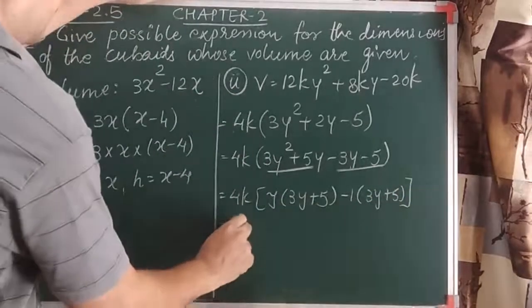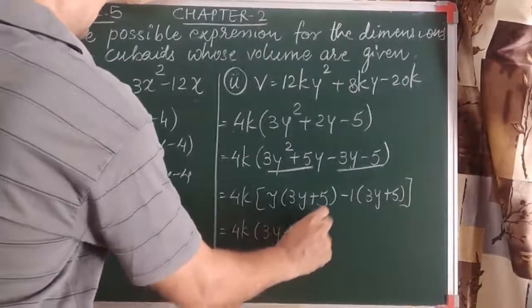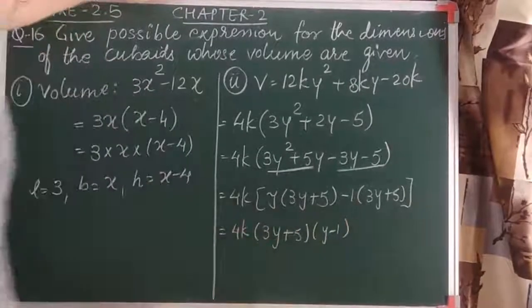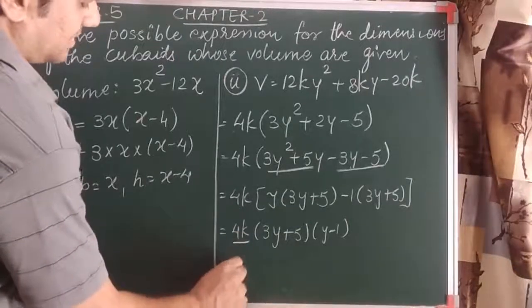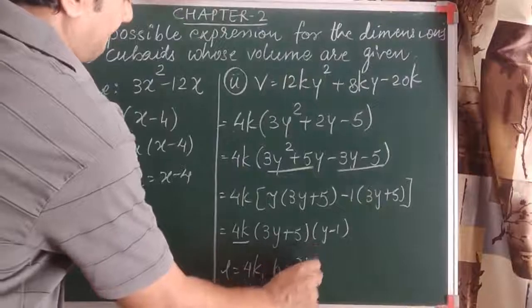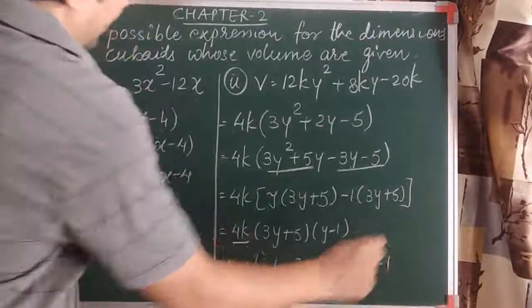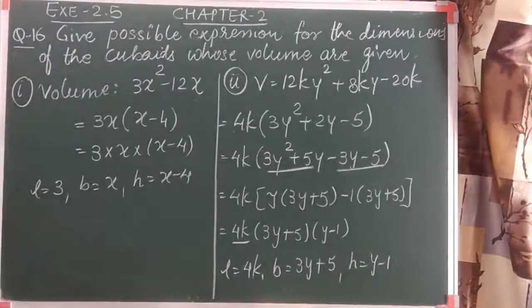So 4k, one factor is 3y plus 5 and another is y minus 1. Now we should consider this as the length, this as the breadth, and y minus 1 as the height. You can change also, but these are the three required factors.